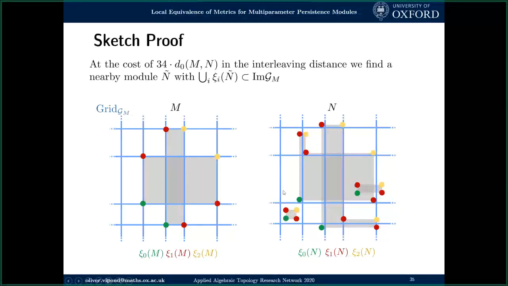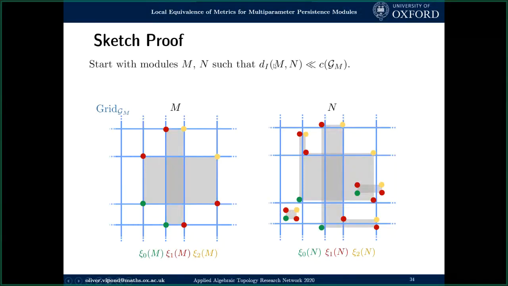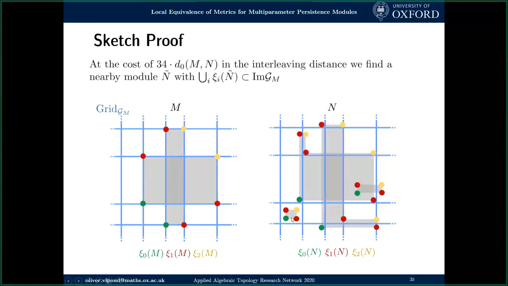Well, if we imagine our fibered barcode passing through our two modules, because we know that their matching distance is small, bounded by their interleaving distance, then we know that any unmatched bar is going to be very small. And so if we have a generator which is lying far away from our grid, then we know it's going to be an unmatched bar because it can't be matched to a bar of m.